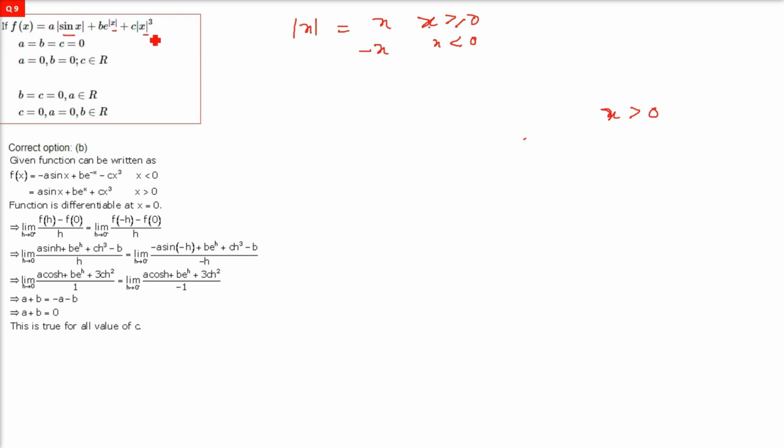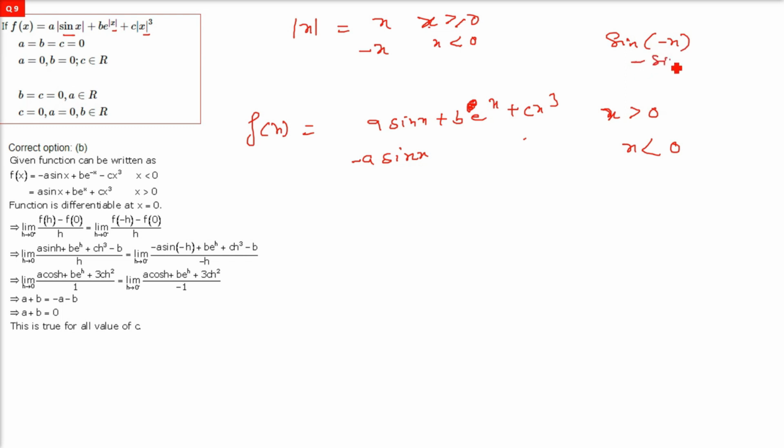So when x is greater than or equal to 0, all will be positive: a sin x plus b e raised to the power x plus c modulus x into x cube. This is f(x). When x is less than 0, then just take the negative: minus a sin x, because sin of minus theta is minus sin theta. Please remember, we are not talking about sin modulus x, we are talking about modulus of sin x.